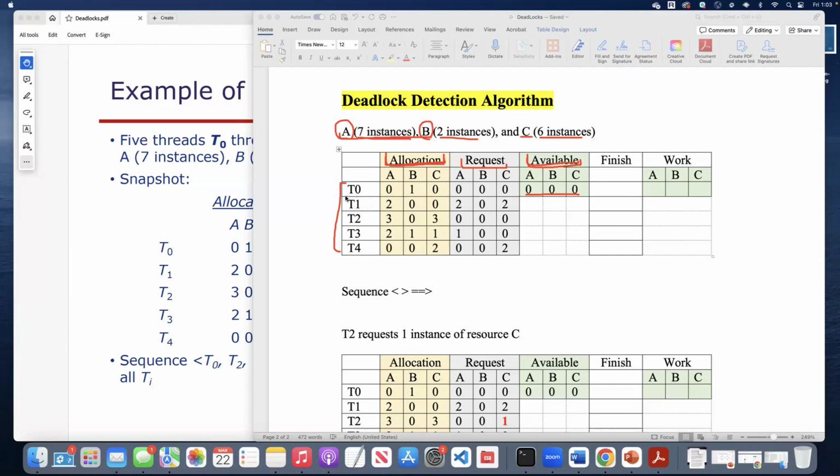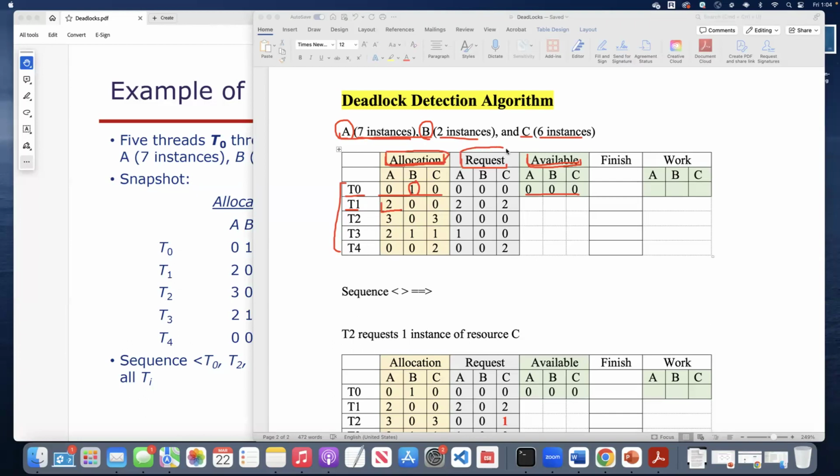This means that T0 now holds 1 instance of B. So this 1 instance of B is allocated to T0. And T1 holds 2 instances of A. So the 2 instances of A are allocated to T1. So this is the allocation matrix.